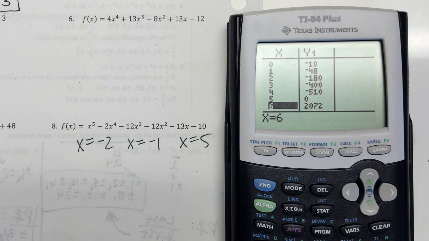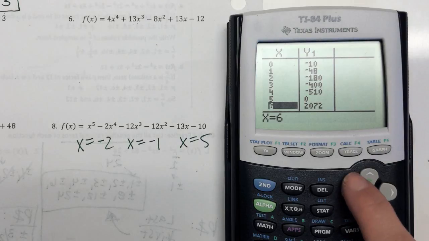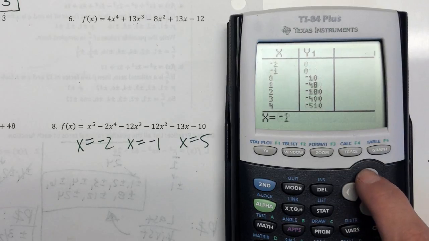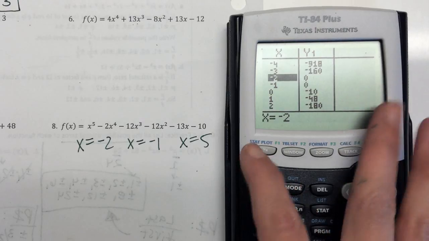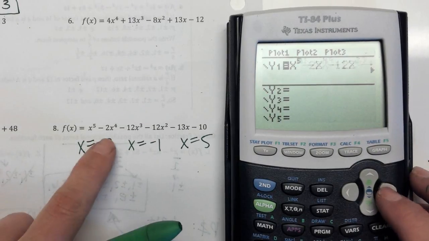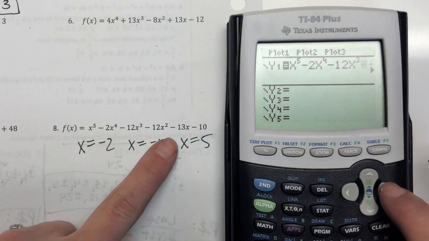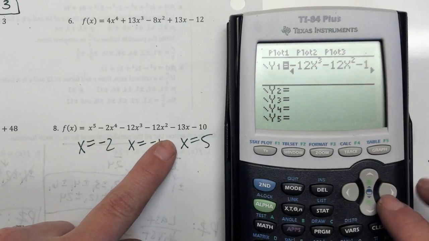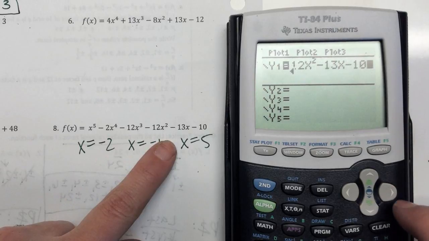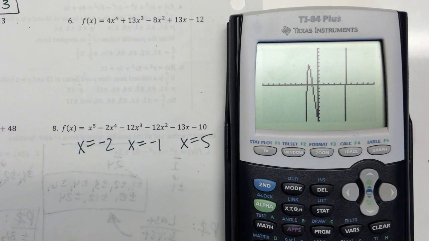You forgot your x there. 12x there. Wait, I'm getting 48. For negative 2, you got 48 instead of 0. Let's go back, and I'm going to go back 2 as well. Alright, x to the 5th minus 2x to the 4th minus 12x cubed minus 12x squared minus 13x minus 10. Yeah, let me see.